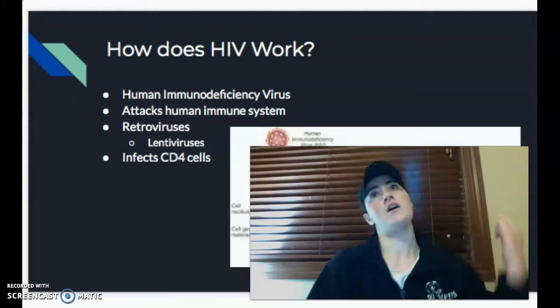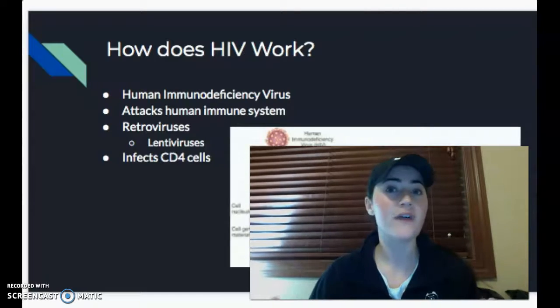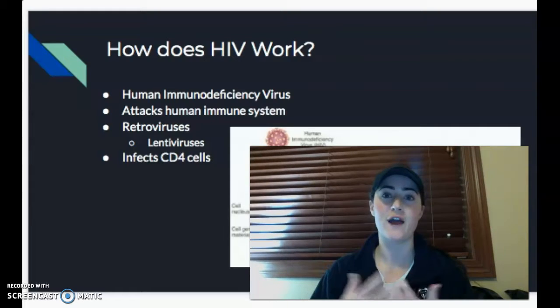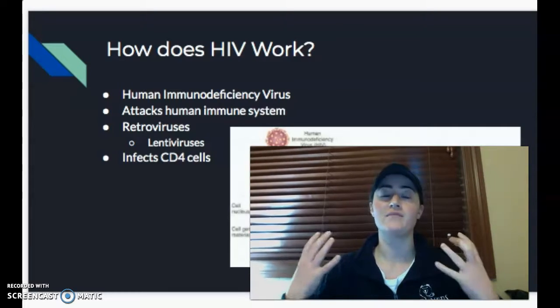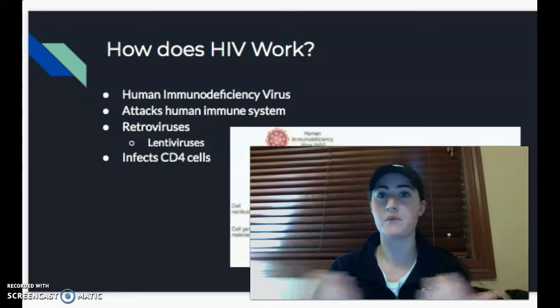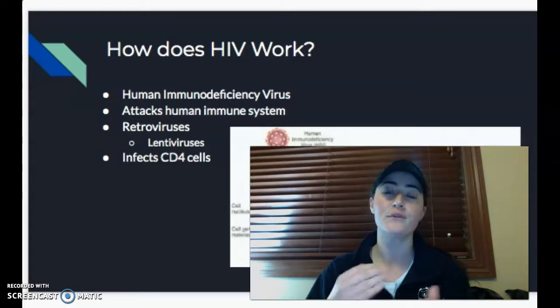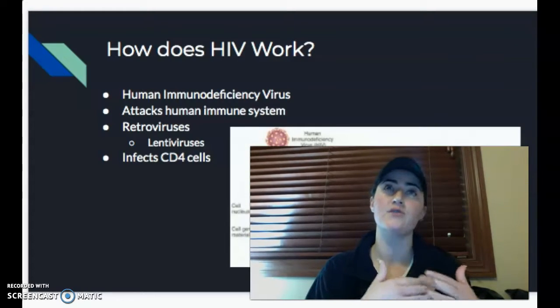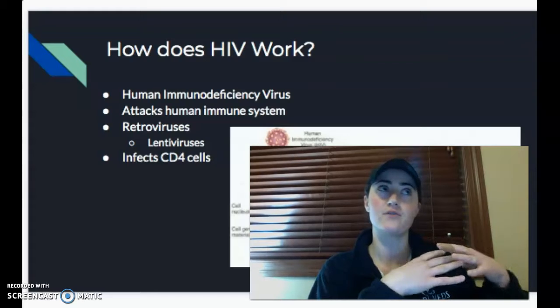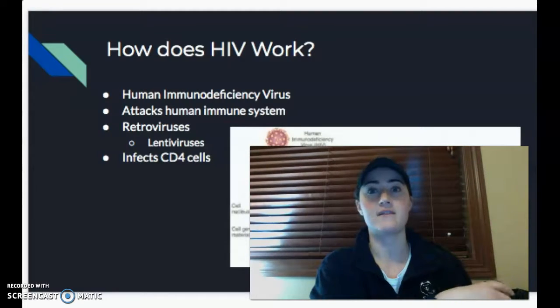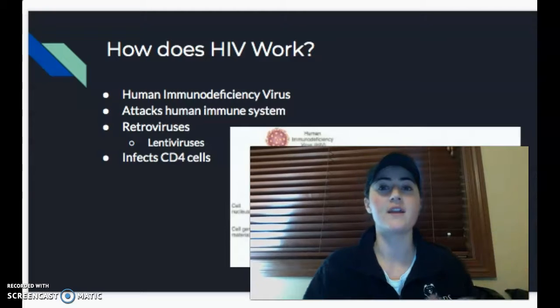It's part of what's called a retrovirus class, and these viruses have their genetic material in the form of RNA, and they use an enzyme called reverse transcriptase to reverse transcribe the RNA into DNA and do a few things with that then.